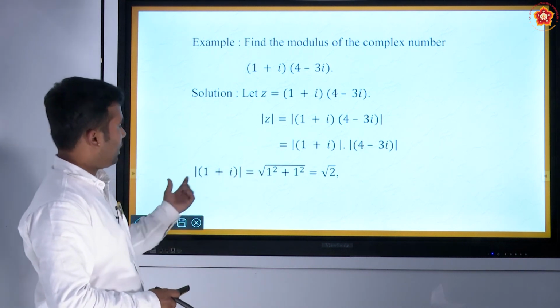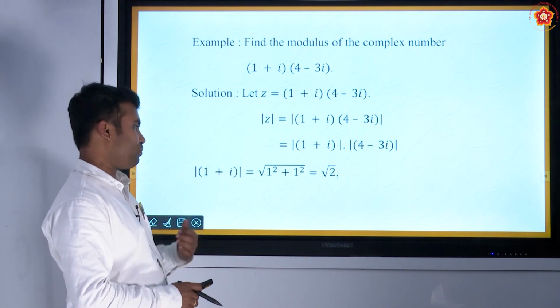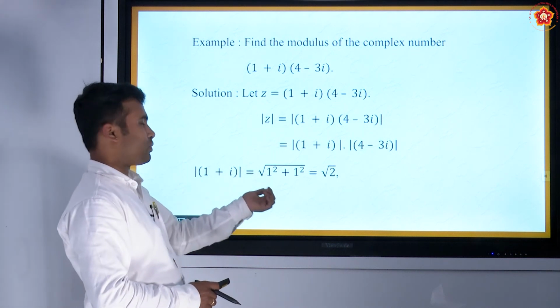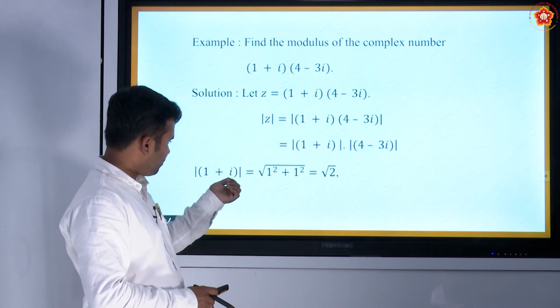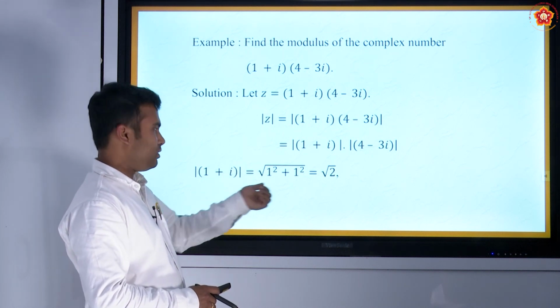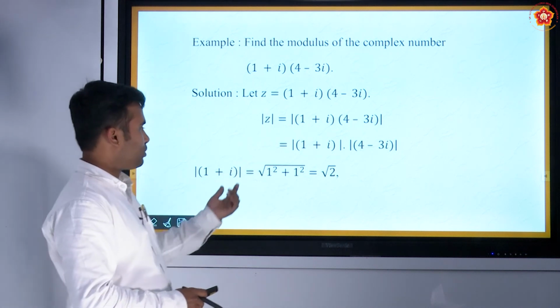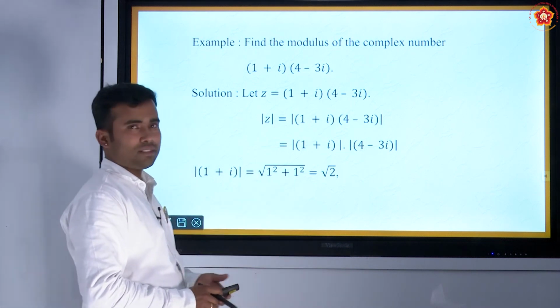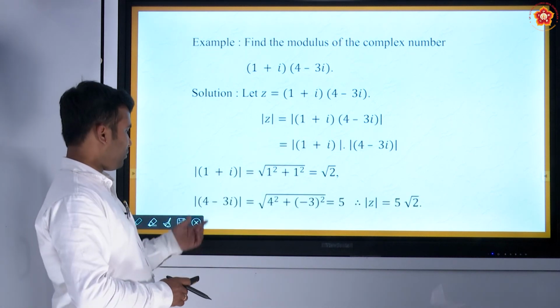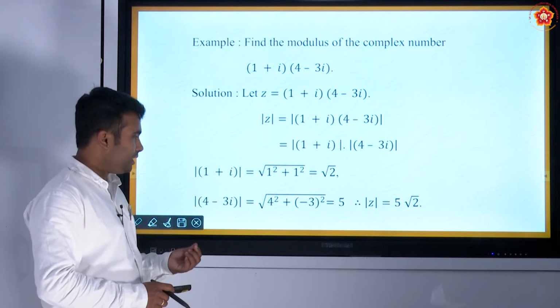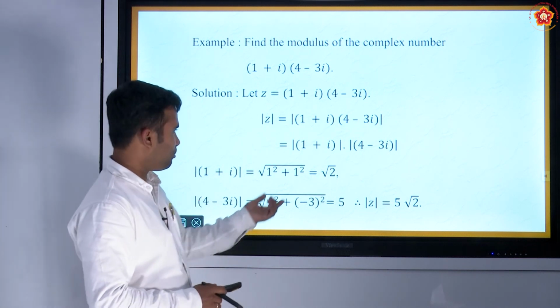So, let us find the modulus of 1 plus i, which is the square root of 1 square plus the imaginary part 1 squared. So the square root of 1 square plus 1 square is equal to the square root of 2. Another one is 4 minus 3i, so I can find that modulus.